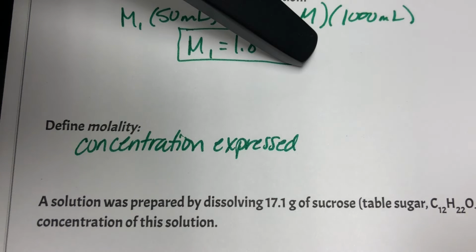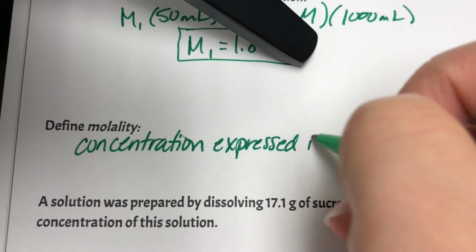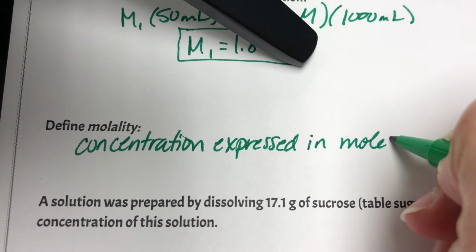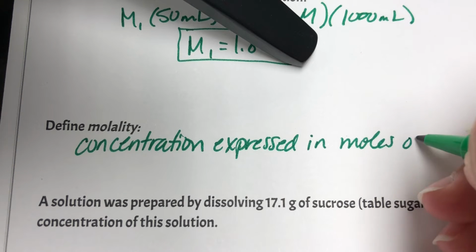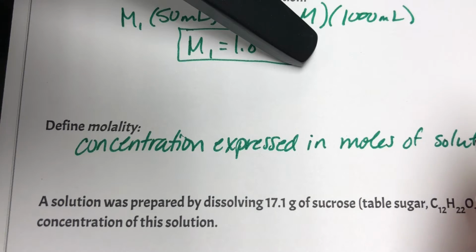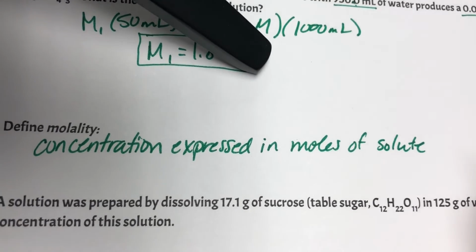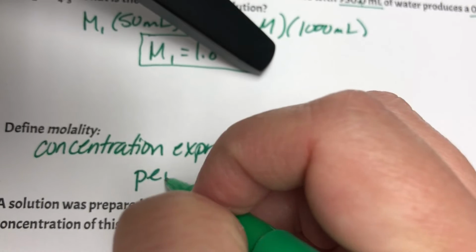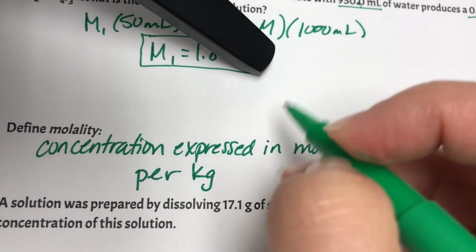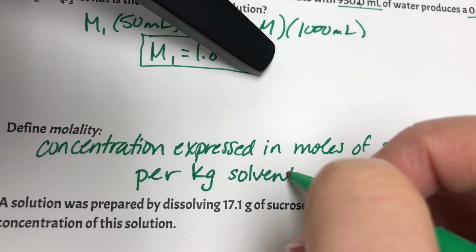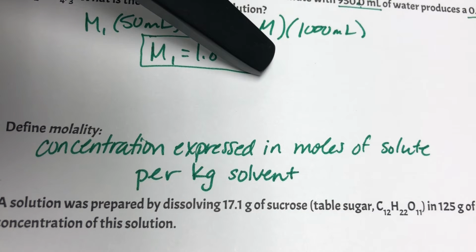Instead of moles per liter, we're doing moles of solute per kilogram of solvent. Okay, so molarity was moles of solute per liter of solution. Molality is moles of your solute per kilogram of the solvent.